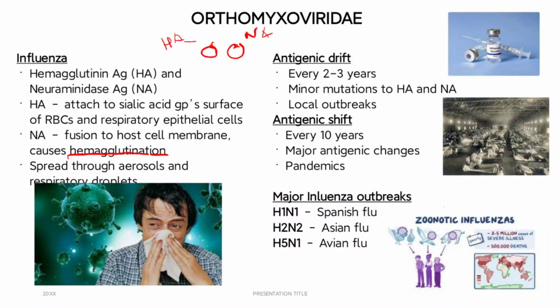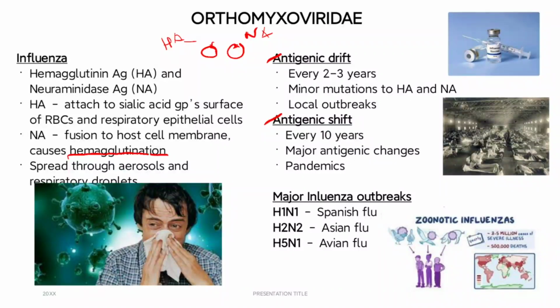So, ngayon, ang question, bakit laging may mga flu shots every year or every other year? Ang dahilan doon is what we call the antigenic drift and the antigenic shift. So, antigenic drift means every 2 to 3 years, nagkakaroon ng minor mutations to the HA and NA. And dahil doon, it causes local outbreaks. Kaya kung napapansin nyo, every year, if you don't have your flu shots, malamang sa malamang, there's a high chance that you're going to be infected with influenza.